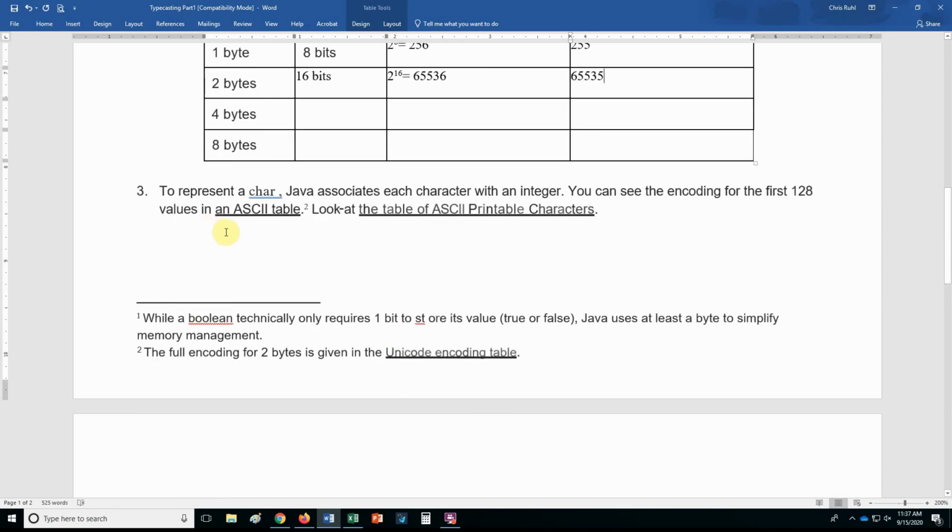Number 3 says to look at an ASCII table, and when I scanned the document, the ASCII table did not come out, but you have one on your worksheet. And what you should look at, if you use the one on the worksheet, are the numbers that end with a lowercase d, which is the first column in each set of 4.